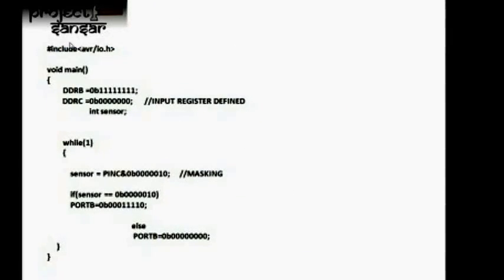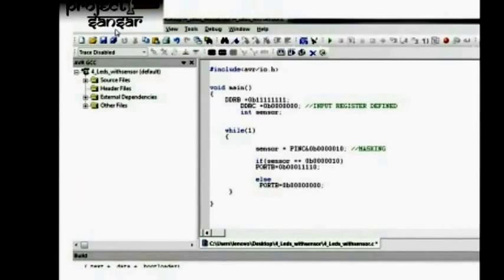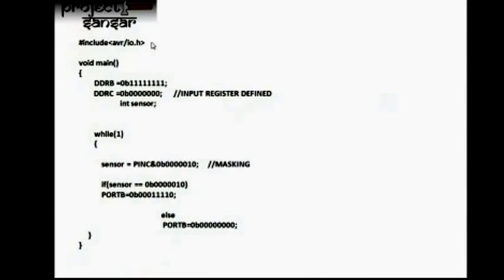So let's get back to the program. First we have the include function, io.h, the header file which contains the definitions of the rest of the functions that we use in this program. Then we have the main. Here we didn't include the header file for delay.h because we are not using the delay function anywhere in the program.